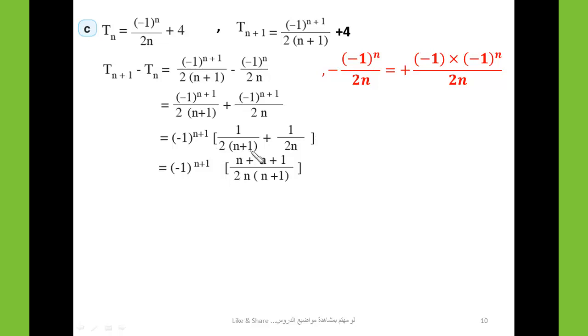The numerator: 2n(n plus 1) divided by 2(n plus 1) is n, n times 1 equals n. 2n(n plus 1) divided by 2n is n plus 1, n plus 1 times 1 equals n plus 1. So we have negative 1 power n plus 1 times n plus n plus 1, which is 2n plus 1, over the same denominator.